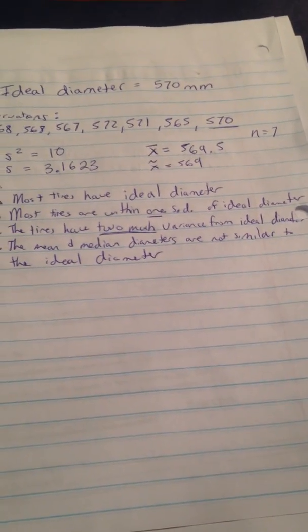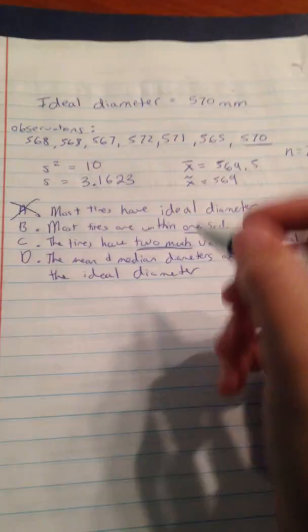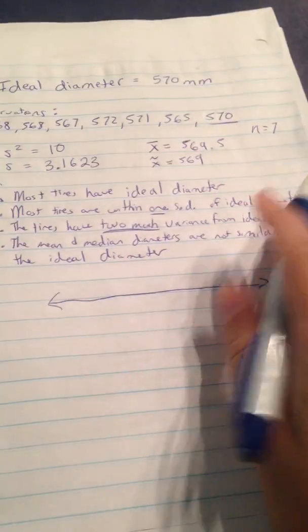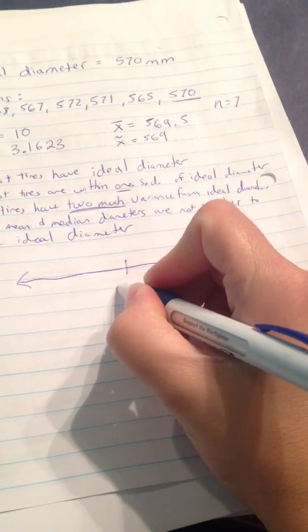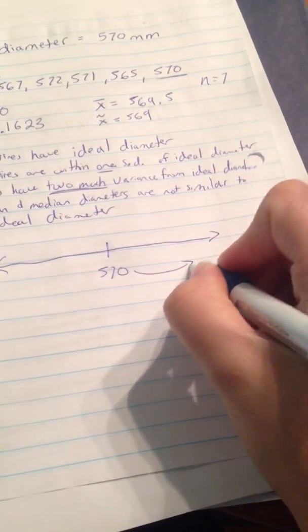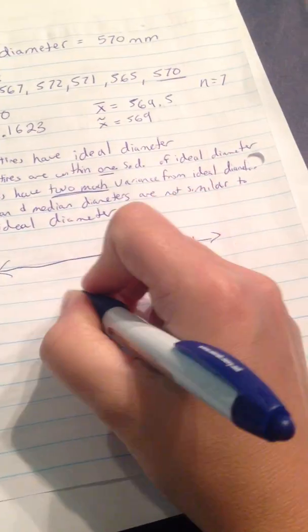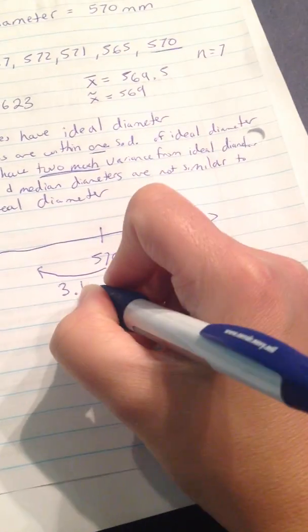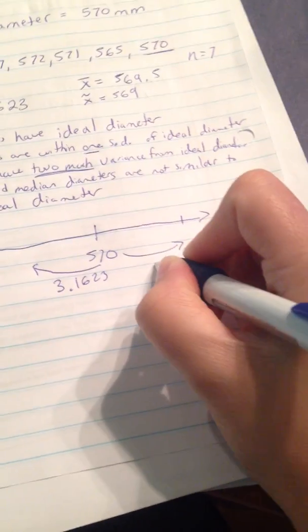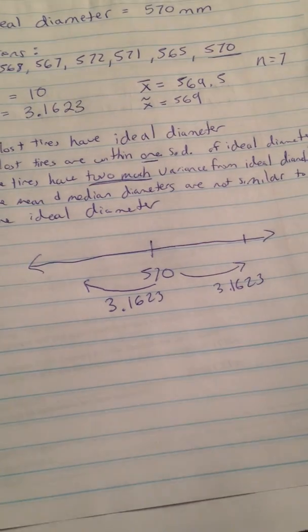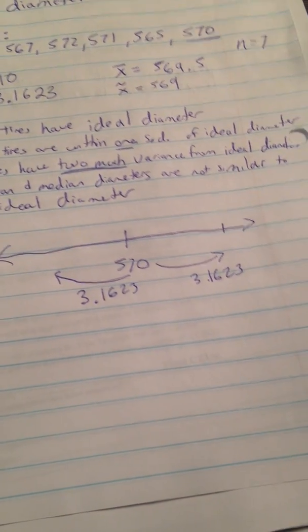Okay, most tires are within 1 standard deviation of the ideal diameter. Maybe if I draw out a number line, this might help us. The ideal diameter is 570. 1 standard deviation would mean that I would go up and down by 3.1623. Actually, I need to pull out a calculator to figure out what that would be.